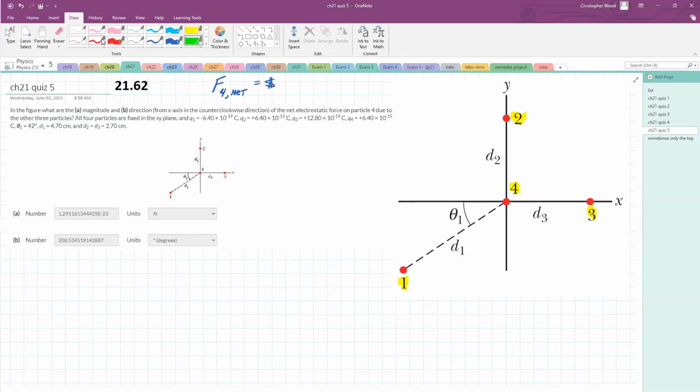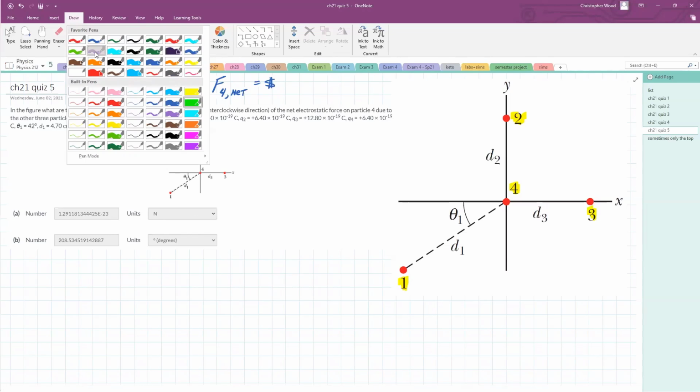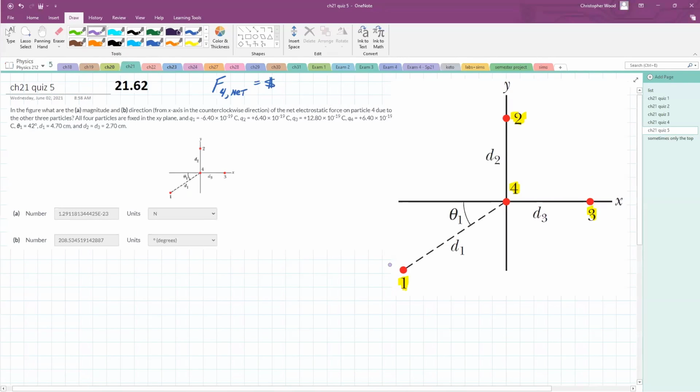Q1 is a negative charge. So Q1 is down, this has a negative charge. All right, got that. Q2 is a positive charge.